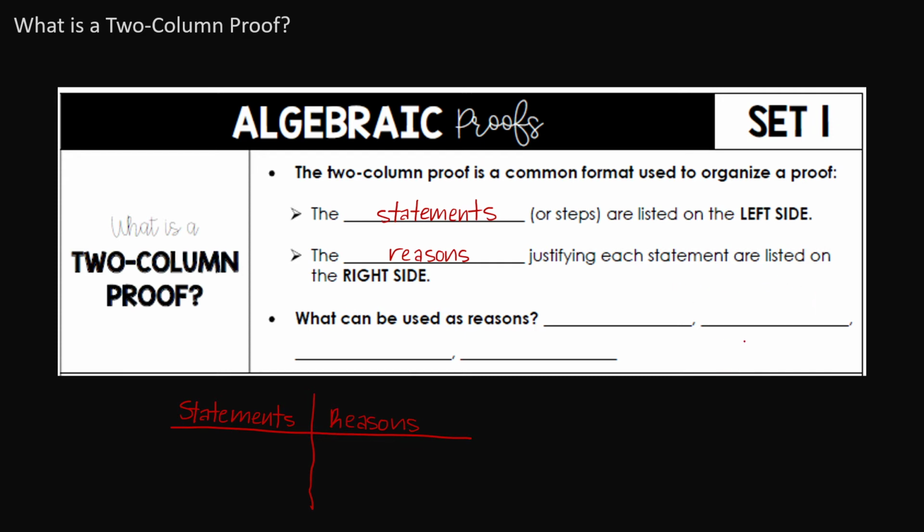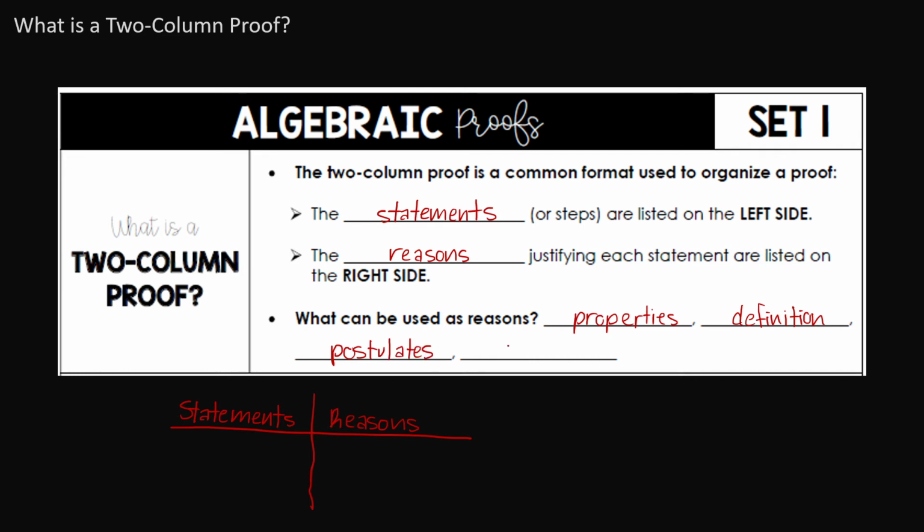That's how a proof works. So some specific types of justifications can be used for reasons. Those include our properties, like properties of equality, right? Those include our definitions. So definition of congruence, definition of a line, etc. It goes on forever. We can also use postulates, like the segment addition postulate or the angle addition postulate we've learned about.